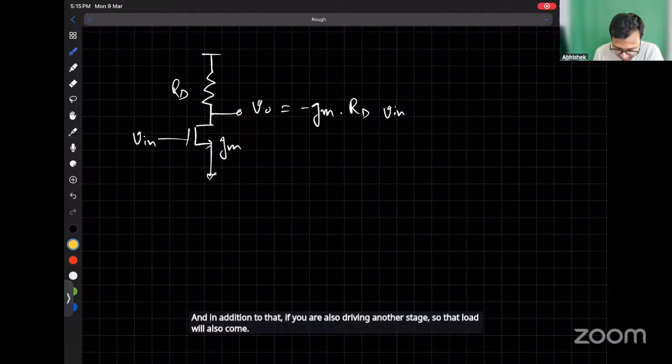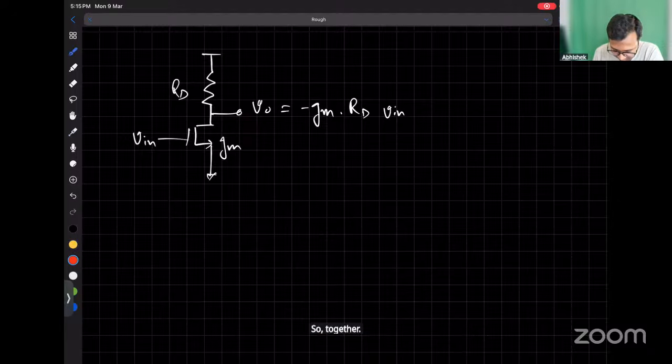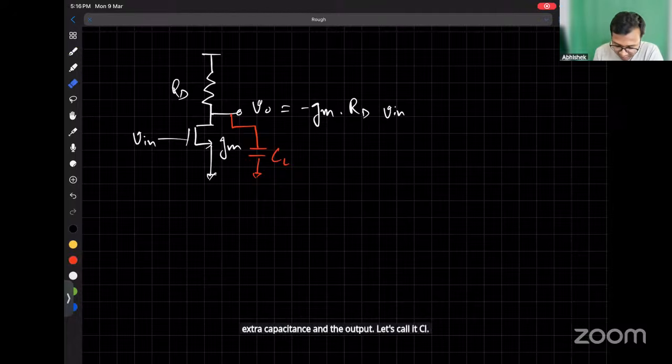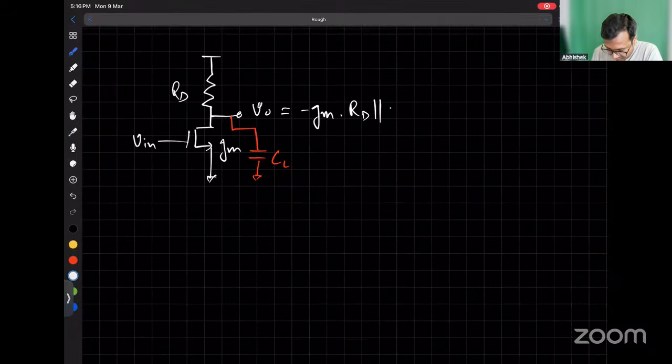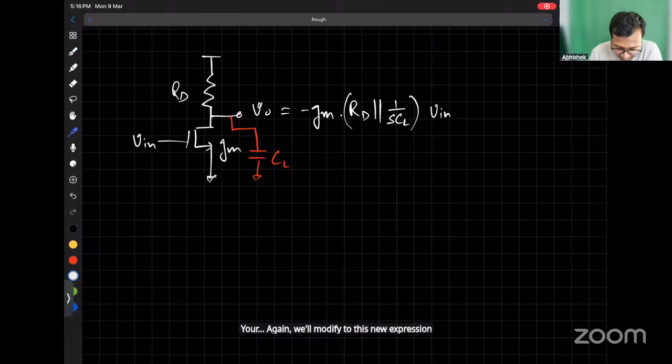So together, we can say that there is an extra capacitance at the output. Let's call it CL. In such a scenario, your gain will modify to this new expression, where we have RD in parallel with 1/(sCL). I hope all of you understand this part.